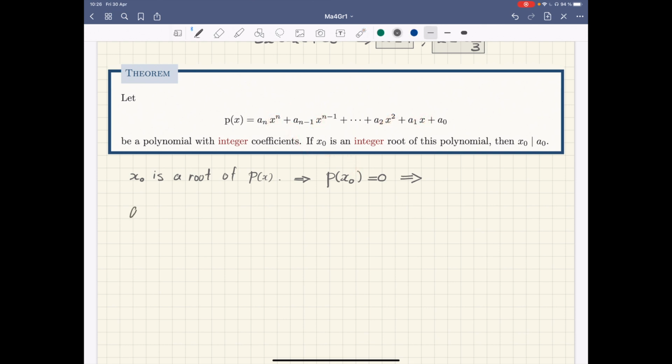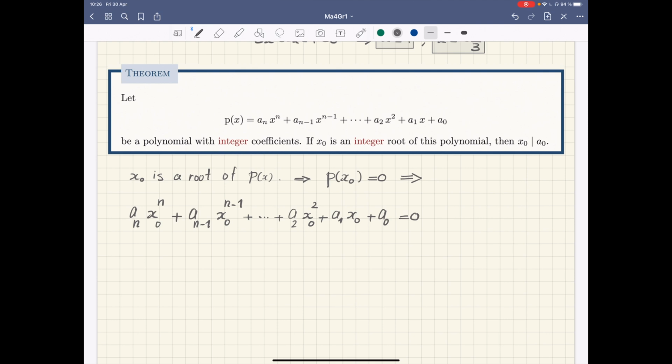So this means I have A sub n X node to power n plus A sub n minus 1 X node to power n minus 1, and then I continue plus A sub 2 X node squared plus A sub 1 X node plus A node is equal to 0.